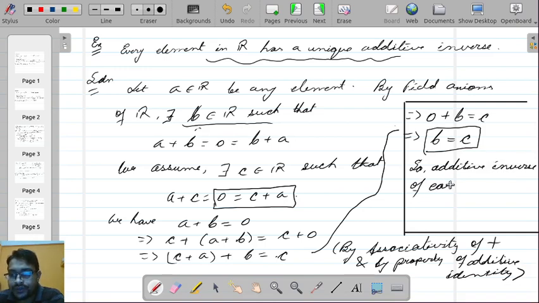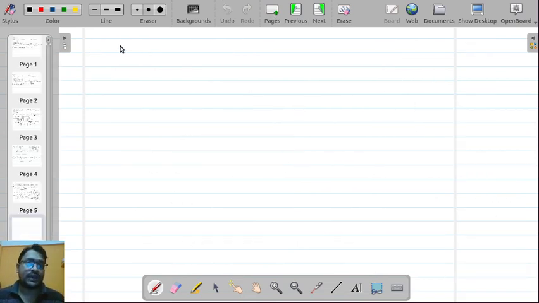Okay, so additive inverse of each A inside R is unique. Okay, there is only one additive inverse. So using the fact that additive inverse is unique, we can talk of the additive inverse.